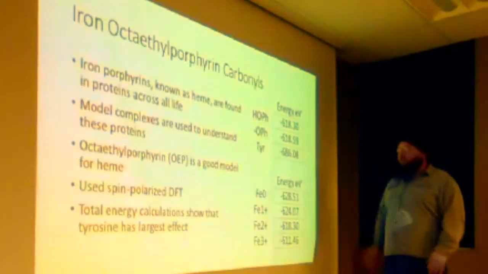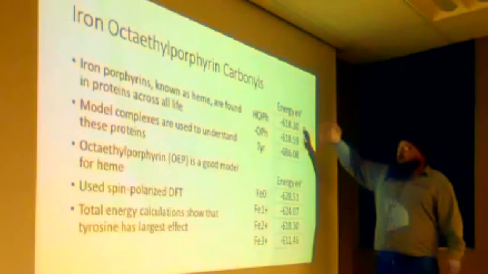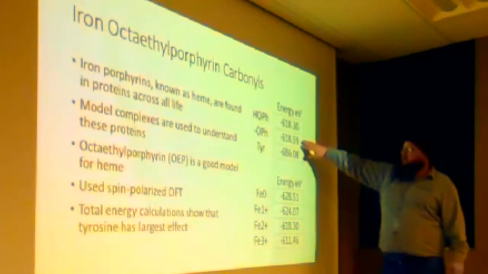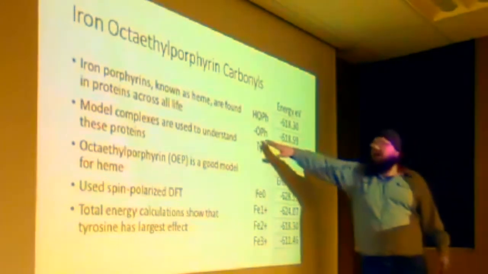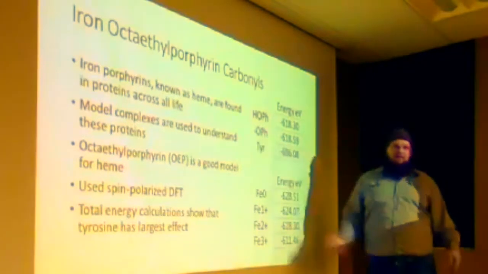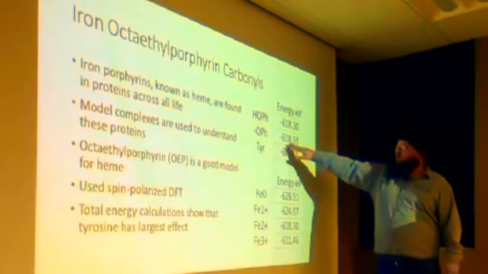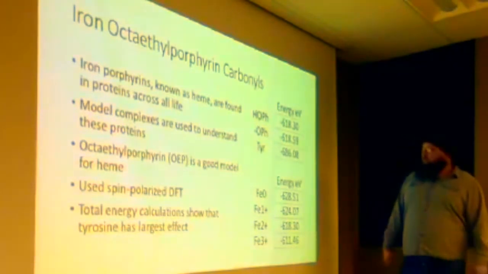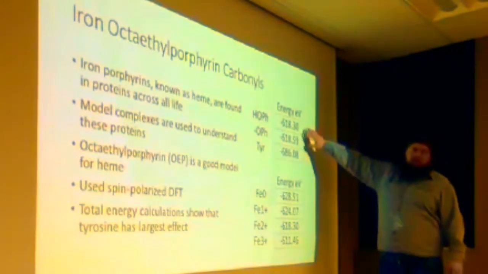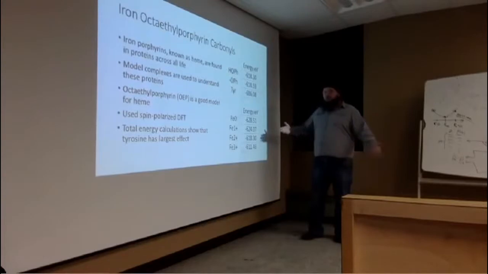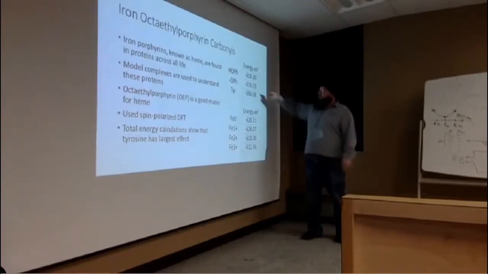It's easier to calculate that way. So phenol, and then if you change it to phenoxide here, so take away the proton, you have a formal negative charge on the oxygen, you can see that it's basically identical in total electron energy.